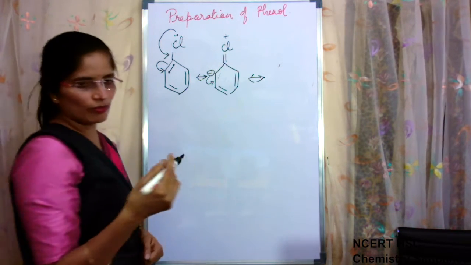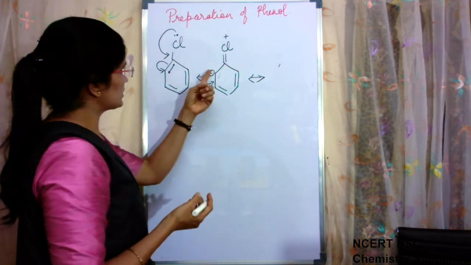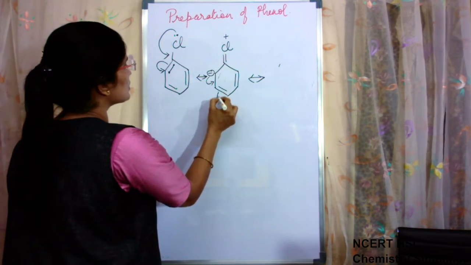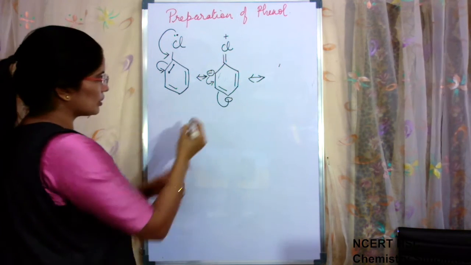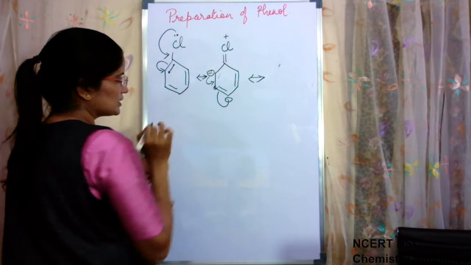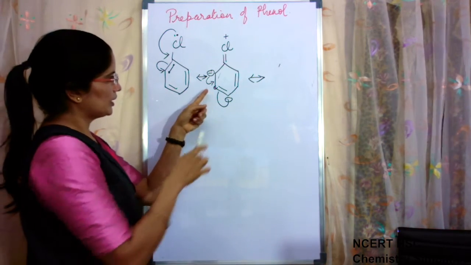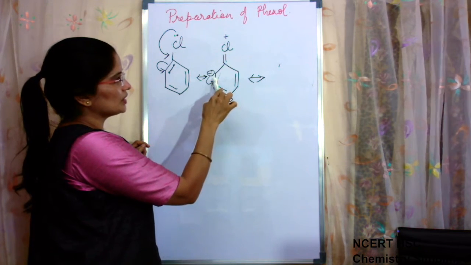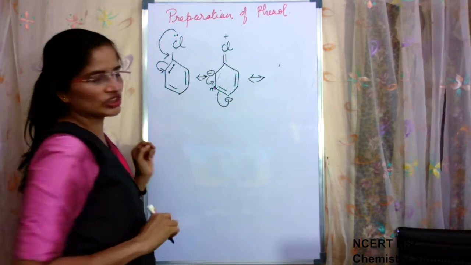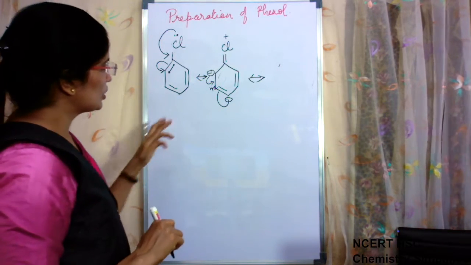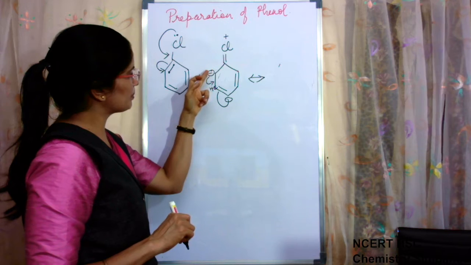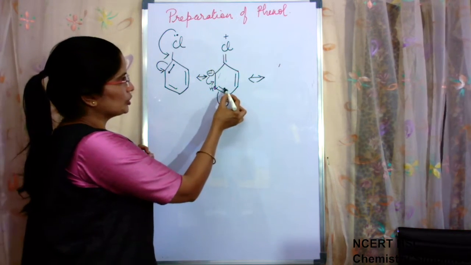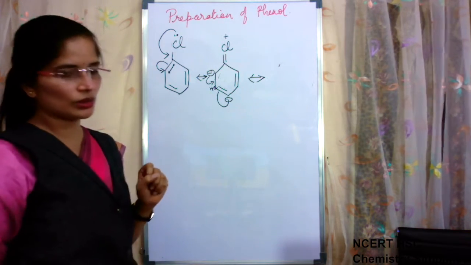Suppose this bond shifts here; the carbon present here already has 4 bonds, 3 plus 1 bond with H. If we shift this pair of electrons from here to here, this carbon will have 5 bonds, which is not possible.